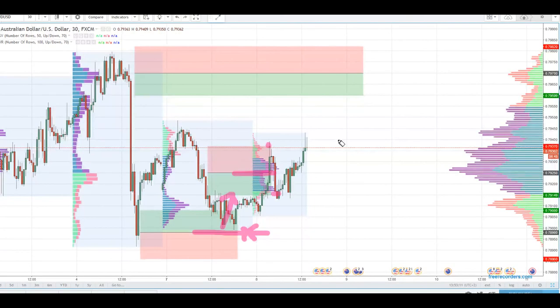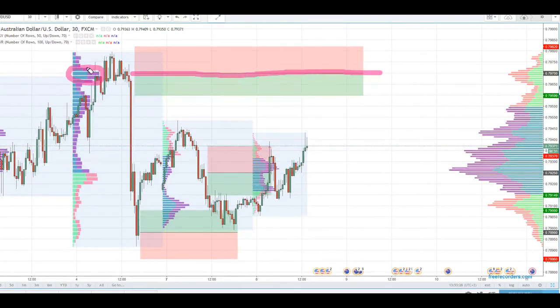As far as current levels are concerned, I don't have any new levels on the Australian dollar US dollar right now. The only level that I have is 79.70, which is based on the volume cluster, and you can see right there.